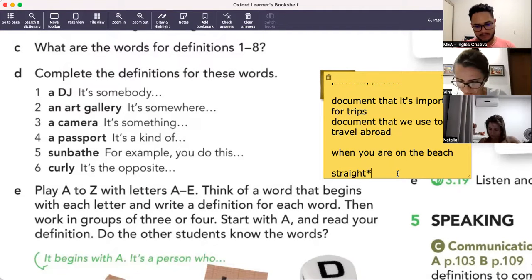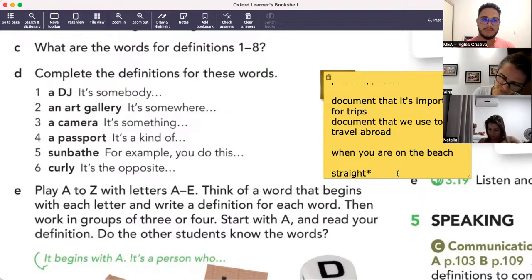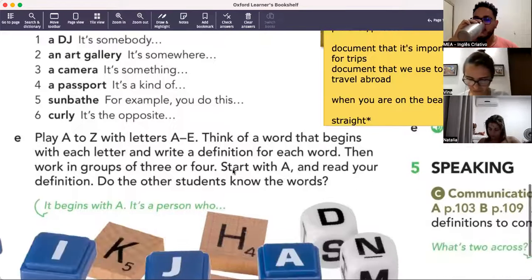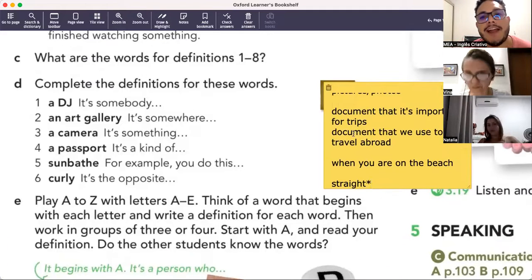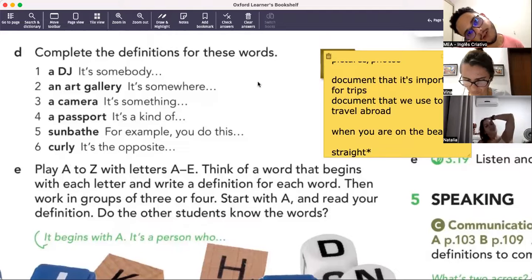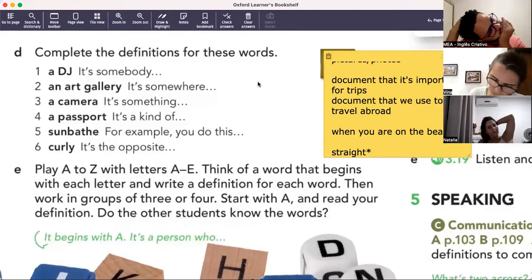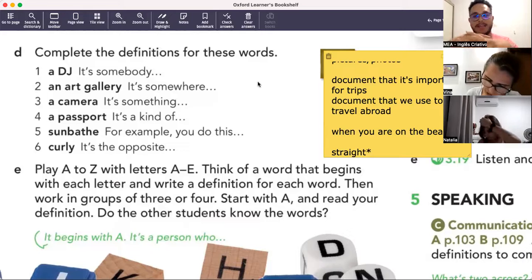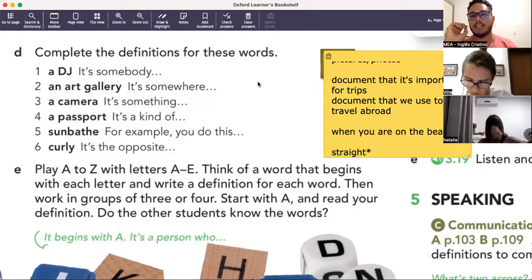Perfect. Straight hair. For example, Nat has straight hair. Yes. Straight hair.